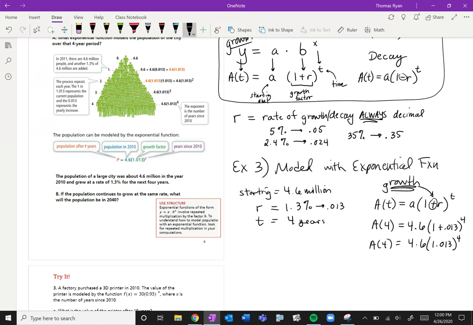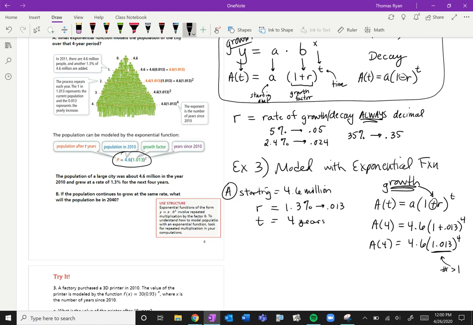So again, as we can see, since this value is greater than 1, it means that we're going to be growing. Okay, so this is part A here.